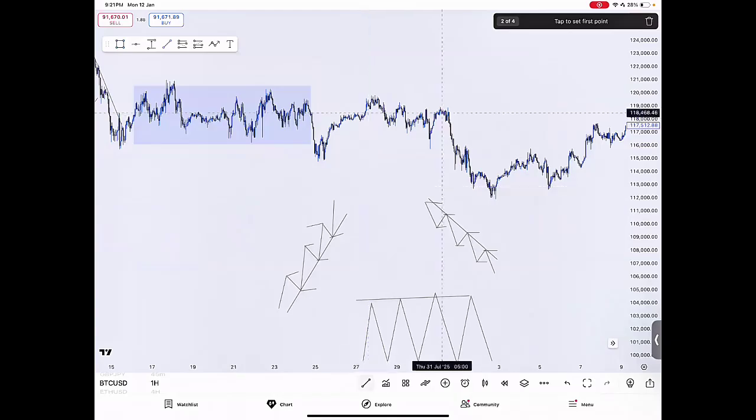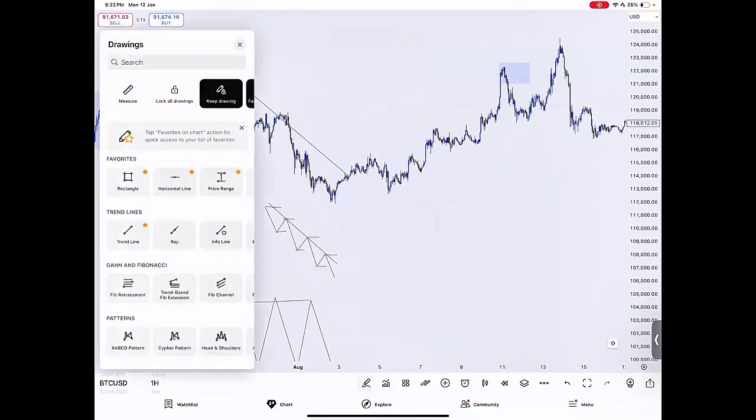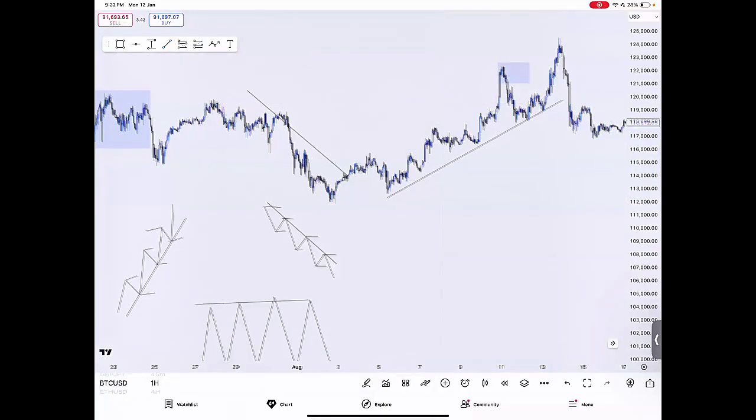So it's always fixed with these three movement patterns. These are the three basic ways that price makes its movements. That's just the basic introduction to market structure.